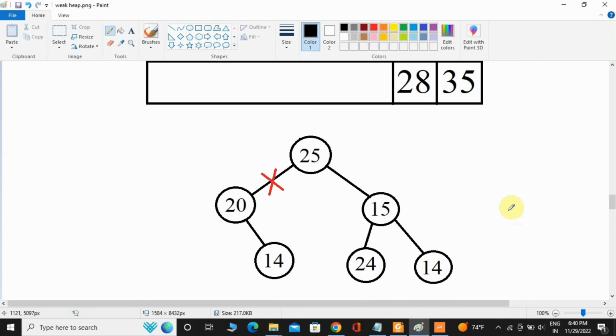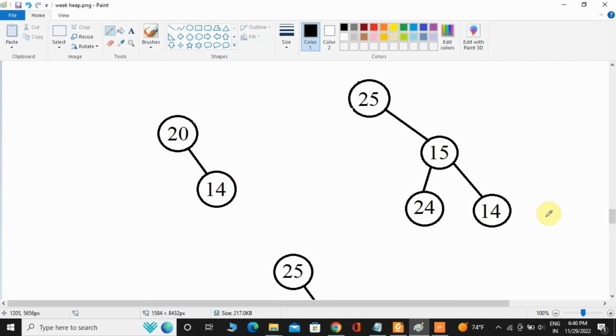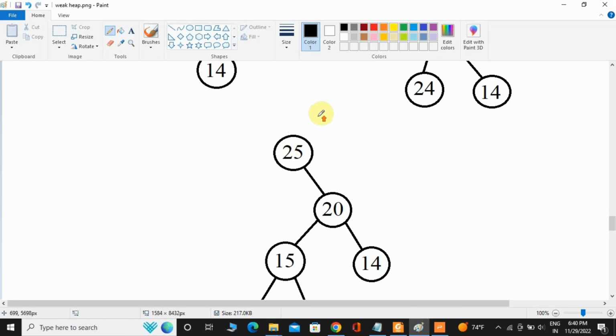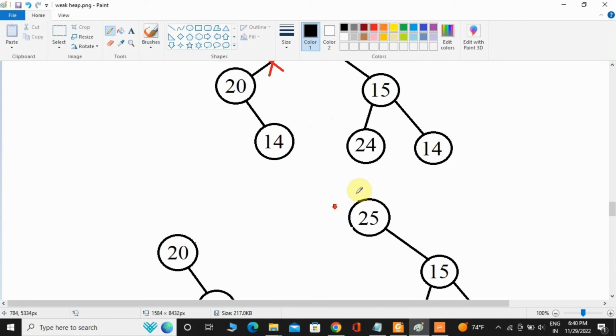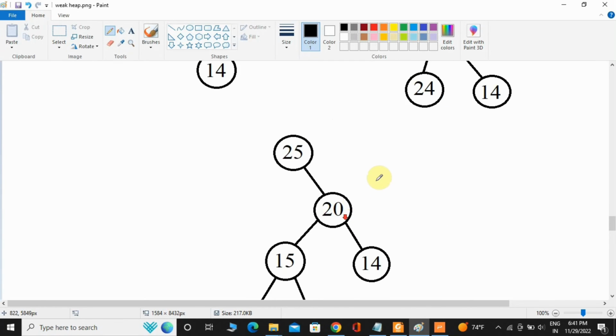Okay, and now the remaining heap would look like this, and now we unlink this branch, and it's going to look like this. And now we again compare the root value of these two trees, and we can see 25 is greater than 20, so that's going to be the root node of the final weak heap.